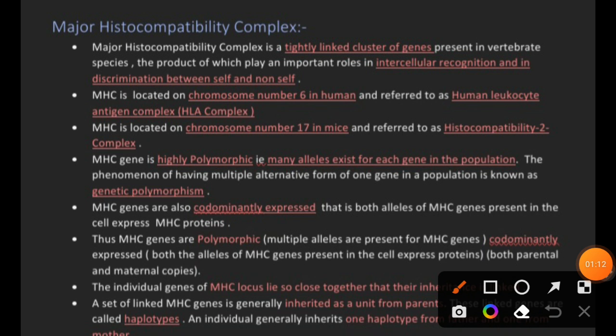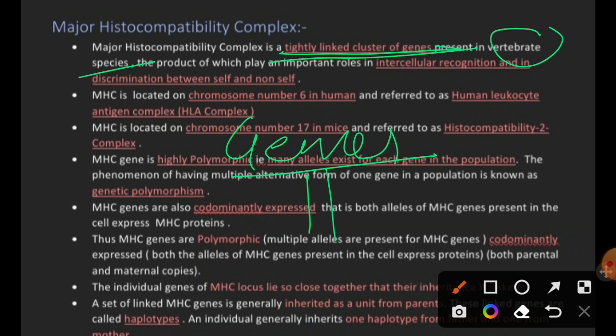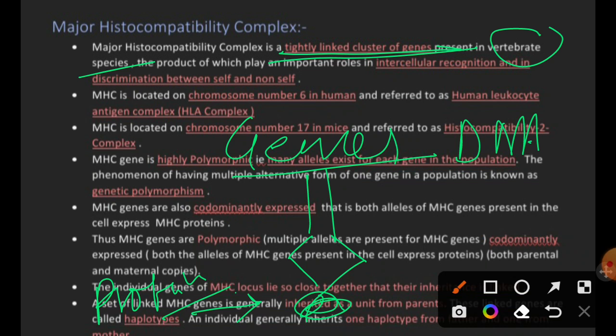What do you mean by MHC complex? Major histocompatibility complex is nothing but a cluster of genes that is present in vertebrate species. Since it is a cluster of genes, something will obviously be made from these genes, and this something is some kind of protein, because we all know that from DNA via transcription we get RNA, and from RNA via translation we get protein.